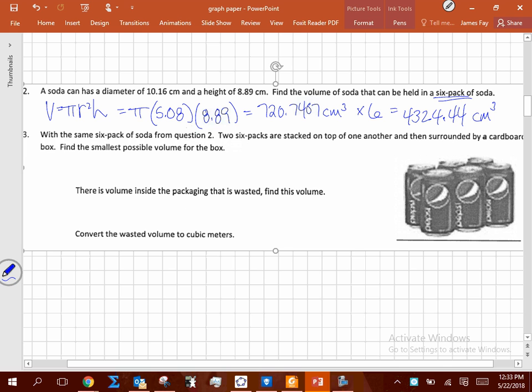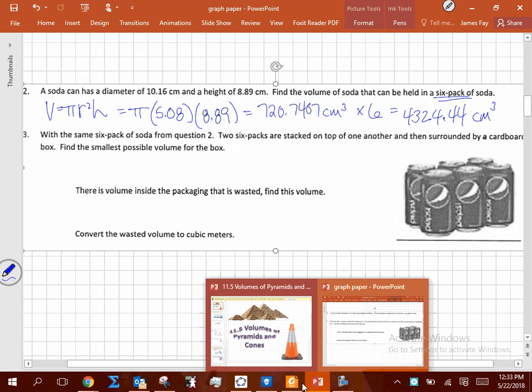The next question is, with the same 6-pack of soda, we're going to stack 2 of these 6-packs. And then we're going to take some cardboard and press that cardboard up against the sides of my cans to create a box, a prism, that has the smallest possible volume.